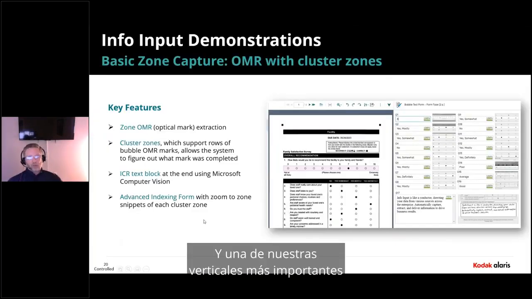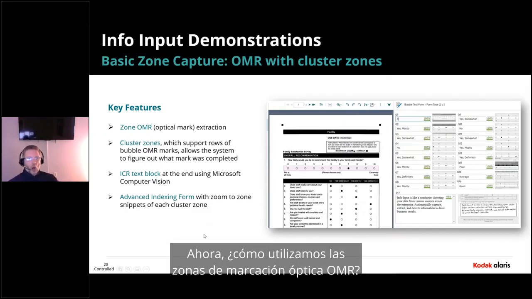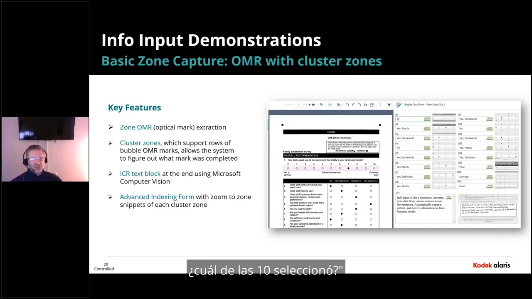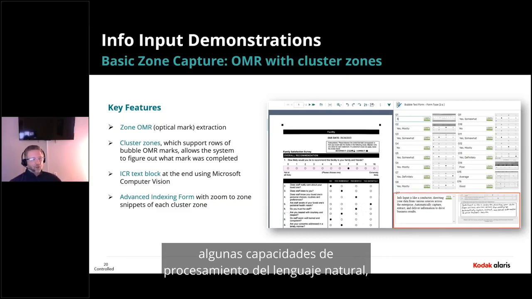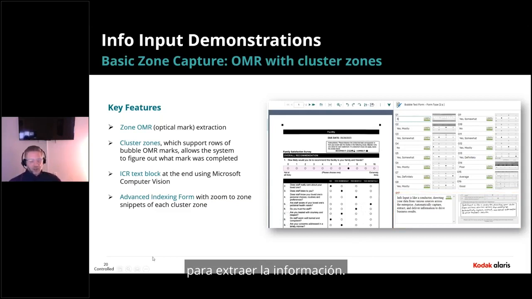And one of our biggest verticals is certainly education. So how do we use OMR, optical mark zones, and then how do we use cluster zones to basically say, hey, there's 10 choices here, which one of the 10 did you select? And then at the end, we're using some natural language processing capabilities using the Microsoft Computer Vision ICR engine to extract the information.